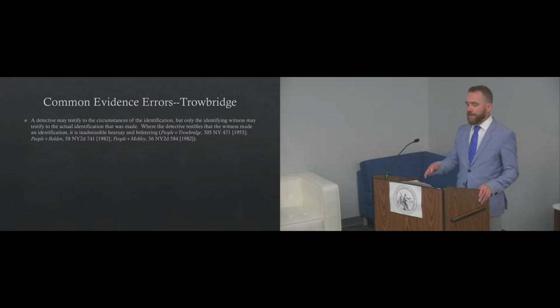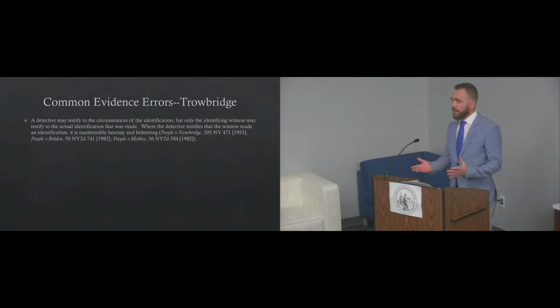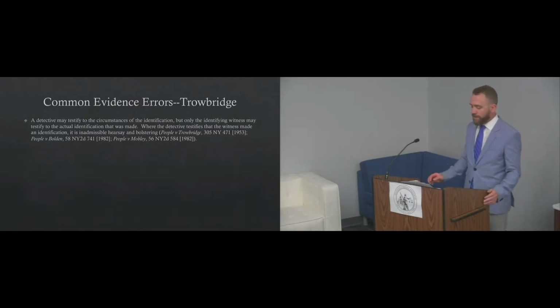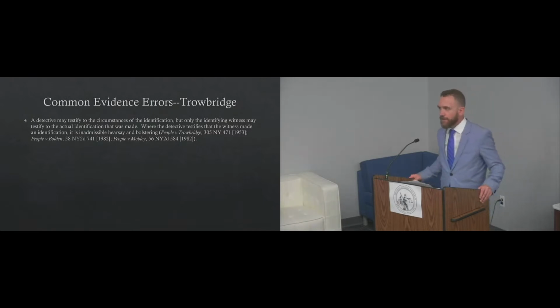If they have a detective say who the person viewing the array chose, that's what's called a Trowbridge error. It's hearsay, it's bolstering, and it is a serious error that can result in dismissal of your indictment. Or there are cases where it results in reversal of a trial conviction if it happens at trial.